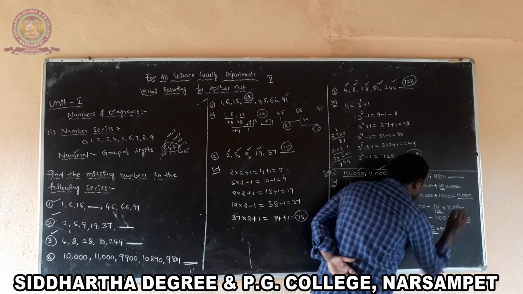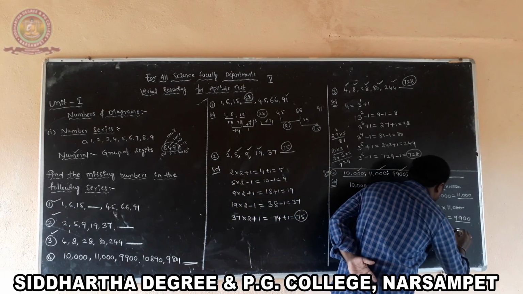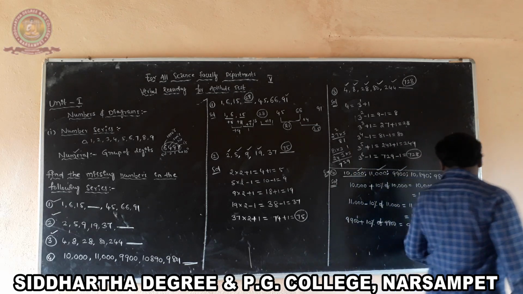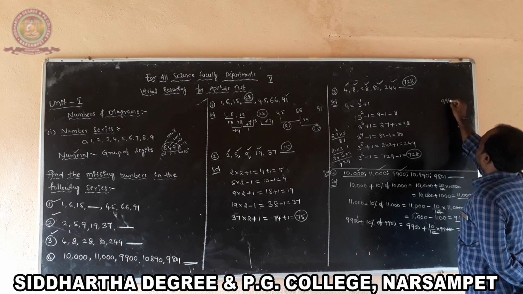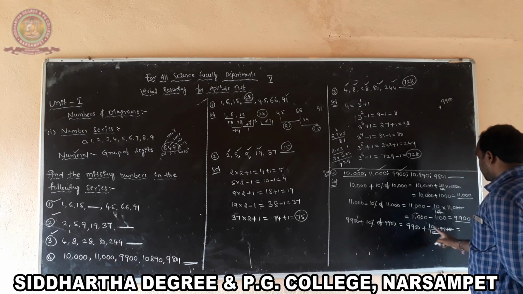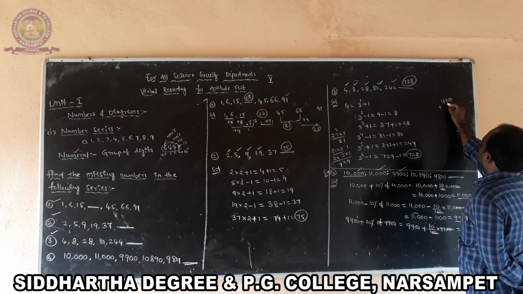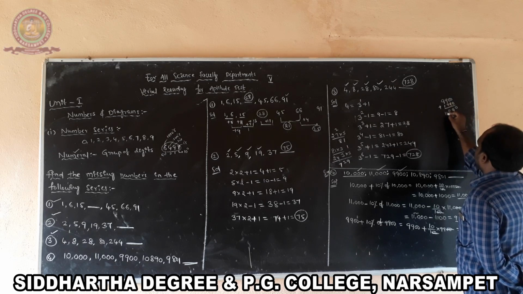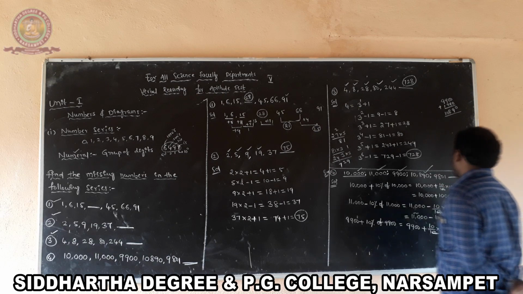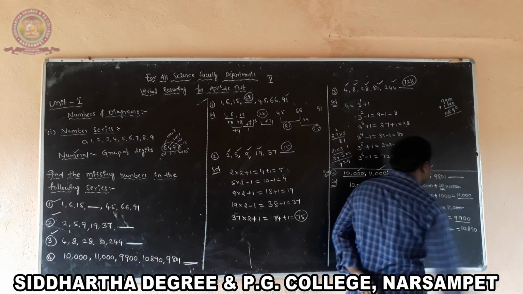So these two zeros get cancelled. That is 9,900 plus 99 into 10, 990. So that is 0, 9, 9 plus 9, 18, 9 plus 1, 10. So that is 10,890. So this is 10,890.